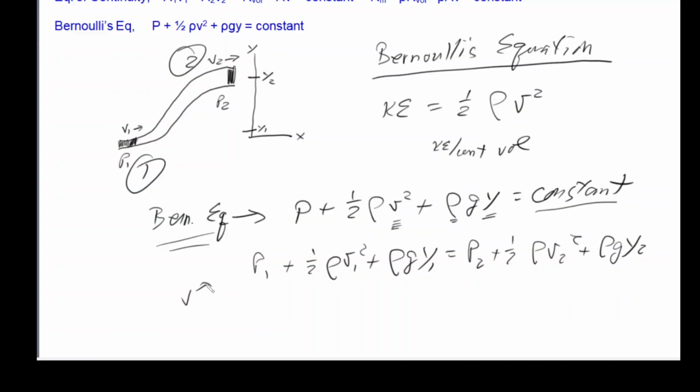Then if V increases, then P has to decrease, and vice versa. So again, as the velocity of a fluid in a horizontal tube increases, the pressure decreases. And this is the principle by which airplanes have a lift.